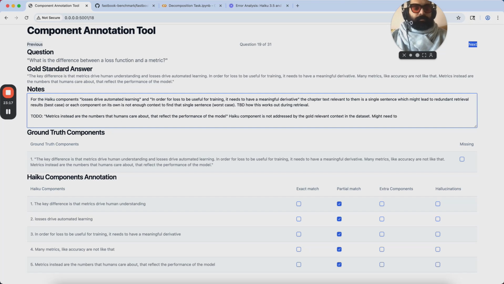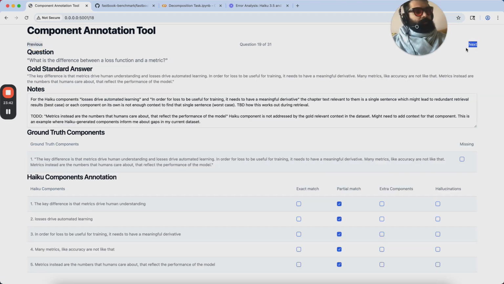Might need to add context for that component. So again, this is an example. Let me just write this out. This is an example where Haiku generated components inform me about gaps in my current data set.